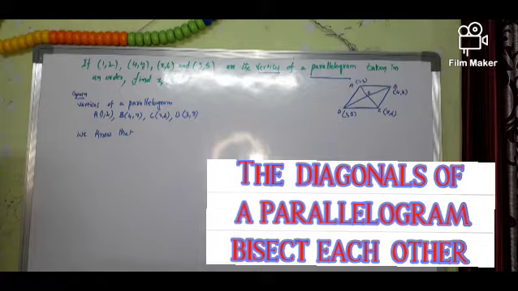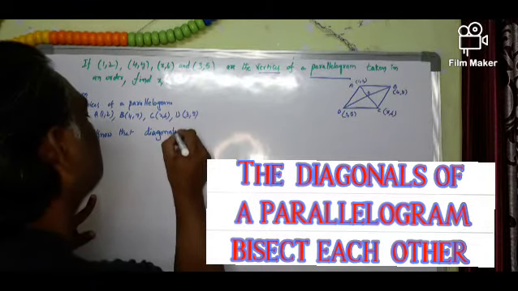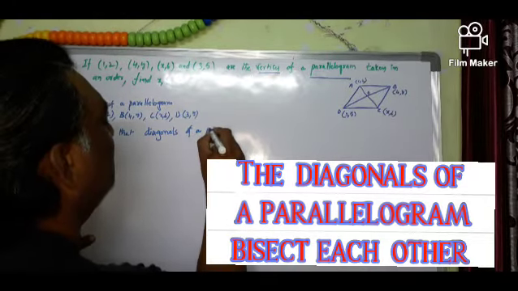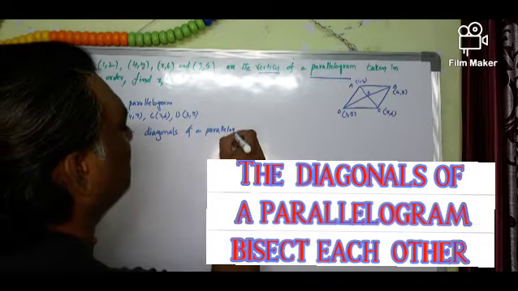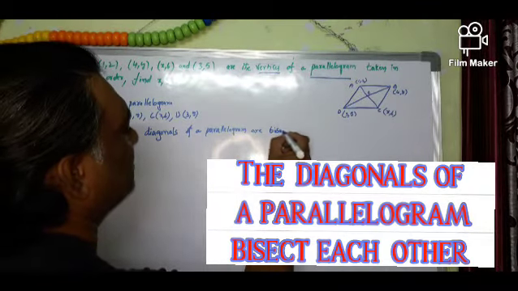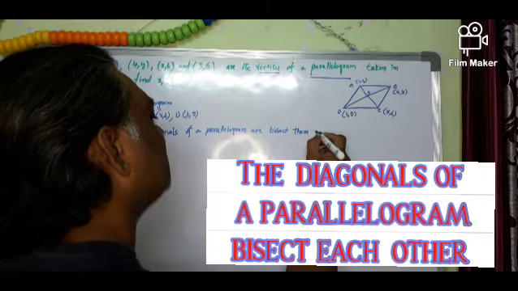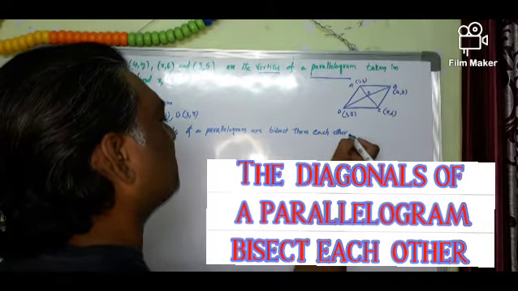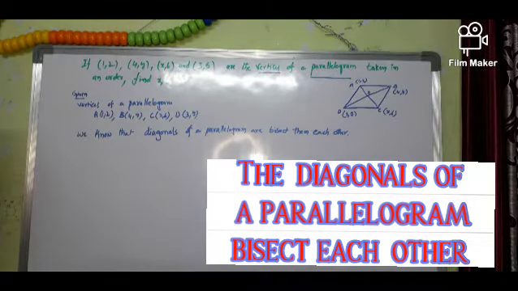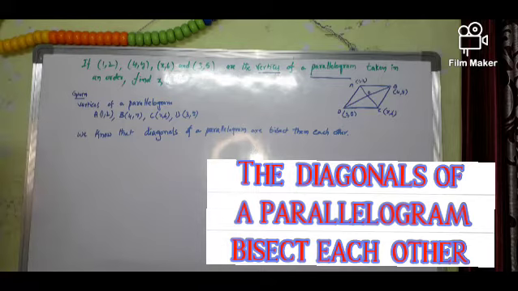diagonals of a parallelogram bisect each other.